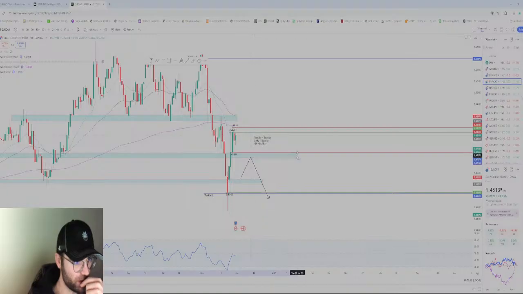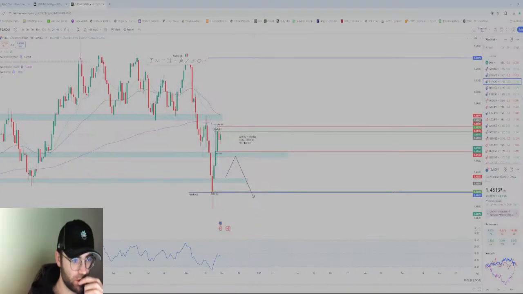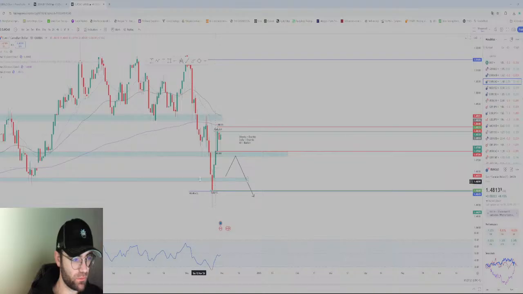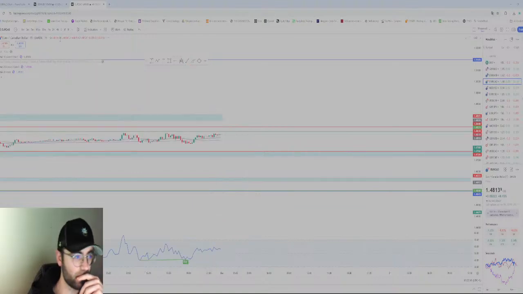So the plan here would be, I expected it to do this last week, but it didn't, so that was kind of annoying, but oh well. I think this would be the ideal trade.